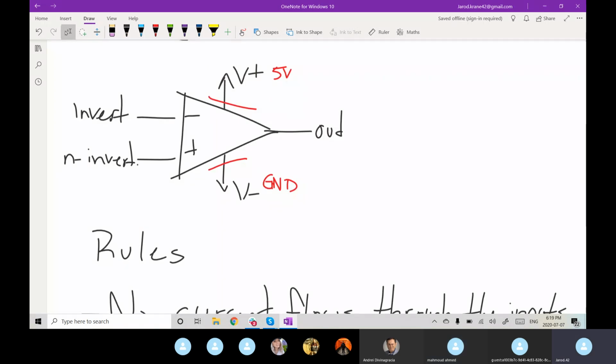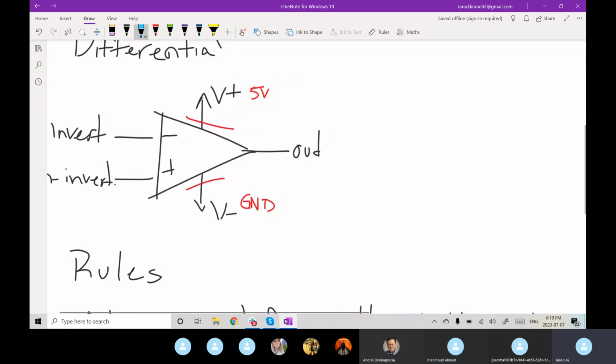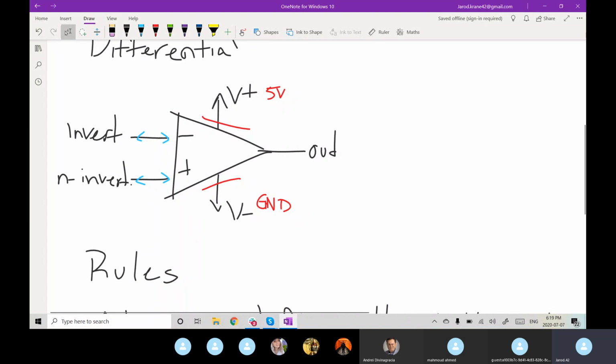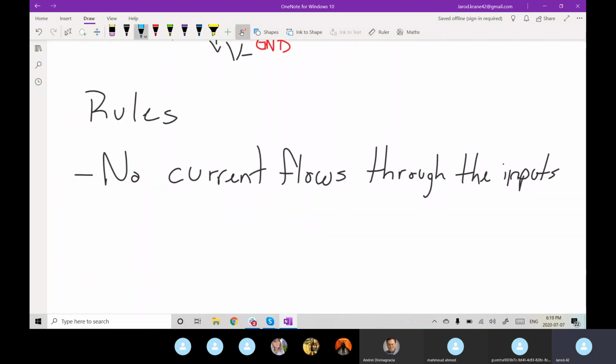So that is, we have no current flow in or out of either of our input pins. Second rule being that it tries to keep the input voltages the same.